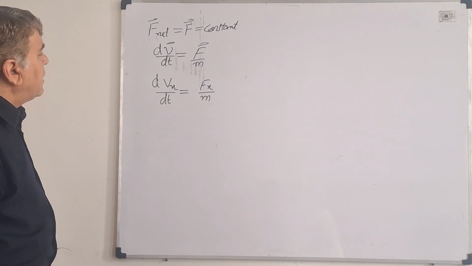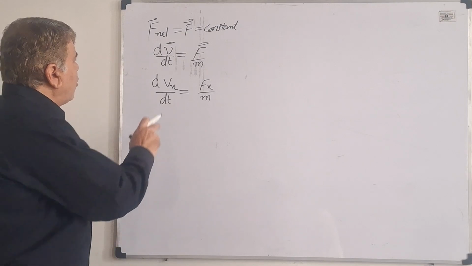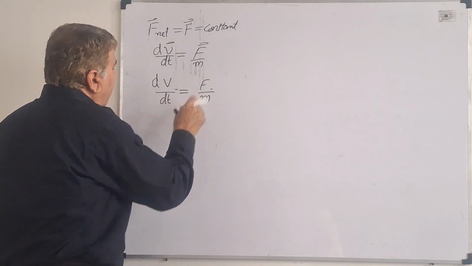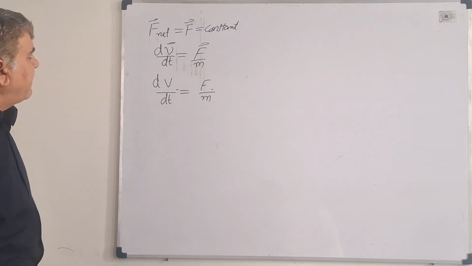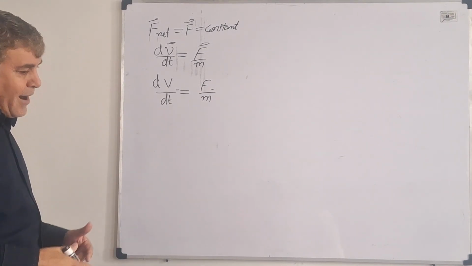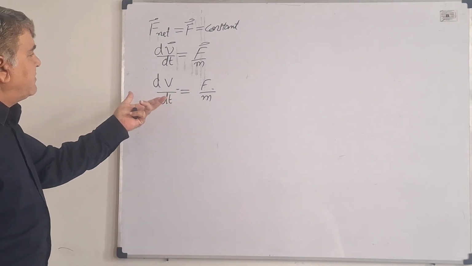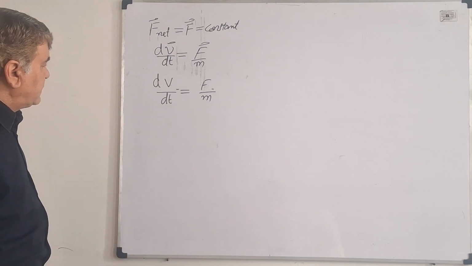For further mathematical simplification, I drop the subscript x from this equation. However, keep in mind that we are dealing only with one-dimensional motion, preferably along the x-axis. So that gave us the benefit to drop the vector notations.